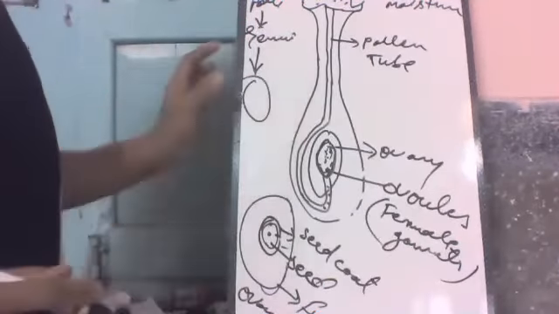Here the word is double fertilization. Two male gametes enter the pollen tube. Two male gametes carried in the pollen tube fertilize the egg nucleus and the polar nuclei.